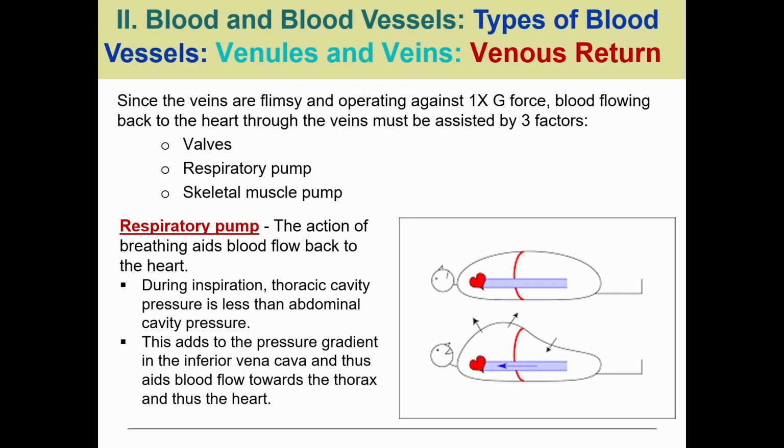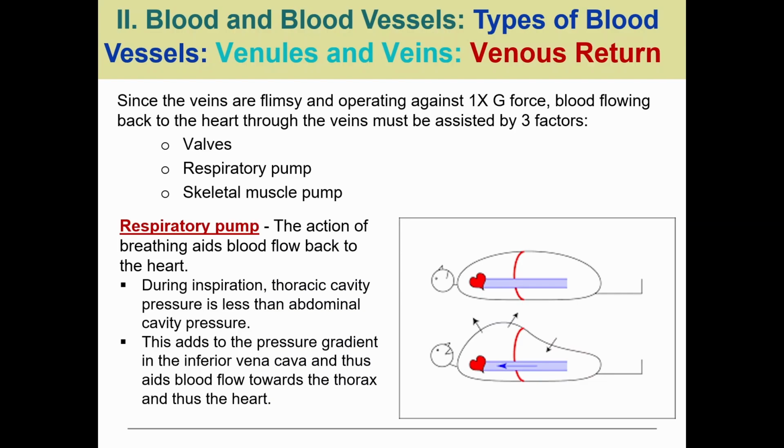One, valves, which we mentioned, but we also have what's called the respiratory pump and the skeletal muscle pump. The valves are just one-way doors that blood passes through, and then it cannot pass backwards. But the respiratory pump is actually using your respiratory system to help with pumping blood. When you breathe in and out, you have changes in pressure in your thoracic cavity.